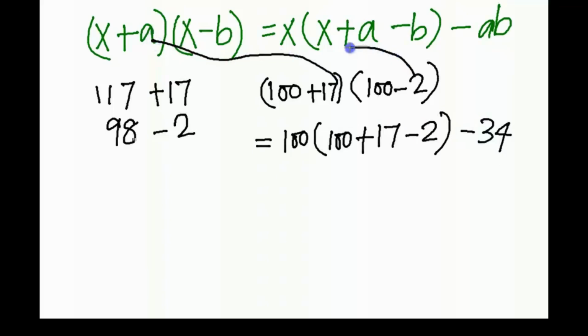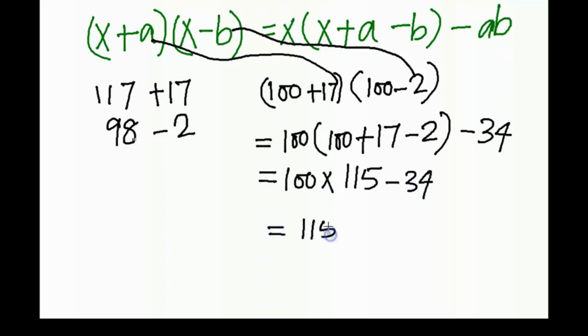So here we get 100 into 115 minus 34, which is 115 double 0 minus 34. So here we do a simple subtraction by borrowing 10 to the end. So our answer comes 11,466. That's all. It is a simple way of solving it.